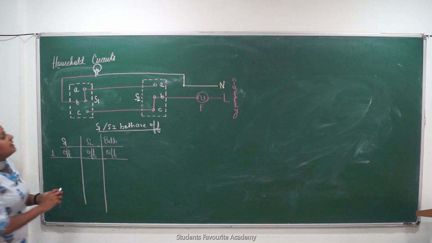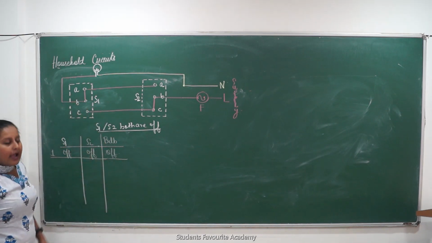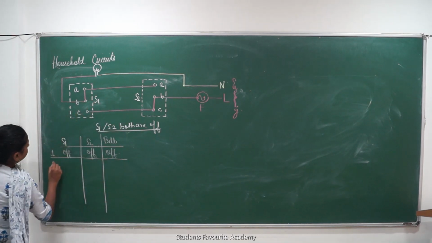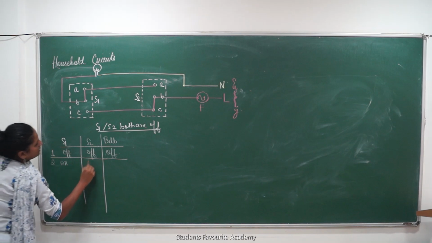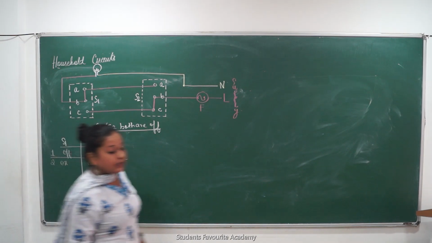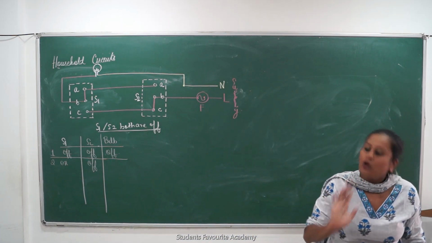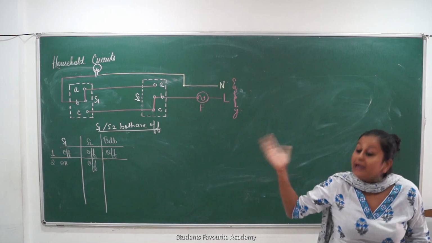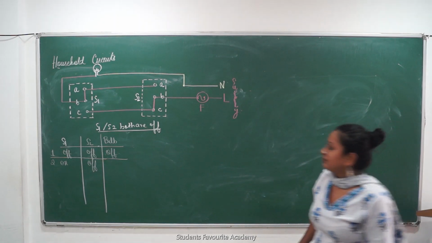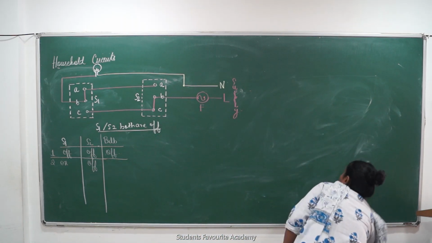Okay. Now what I am doing is I am turning switch 1 on and switch 2 is off. Switch 1 is on and S2 is off. सर्किट कैसे बनेगा? सर्किट कैसे बनेगा वो देखो. लेकिन bulb is on, लेकिन कैसे हुआ? देखो, I am showing it by a different color, yellow.